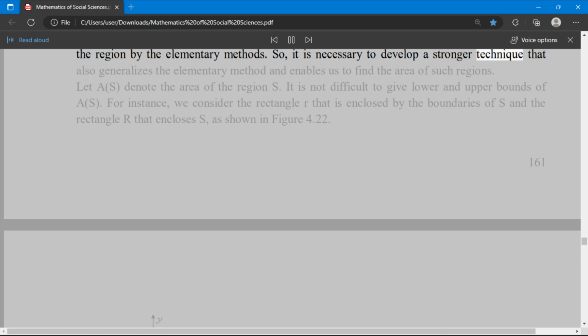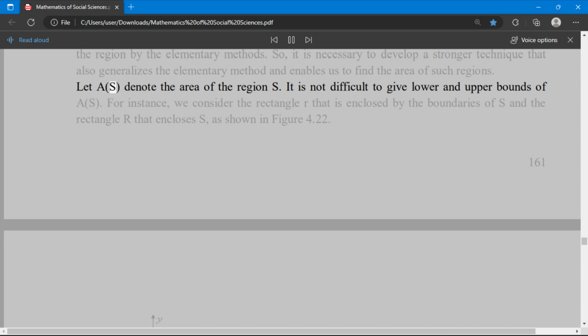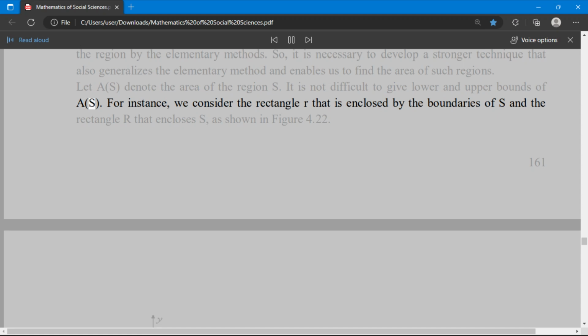So, it is necessary to develop a stronger technique that also generalizes the elementary method and enables us to find the area of such regions. Let A(S) denote the area of the region S. It is not difficult to give lower and upper bounds of A(S).